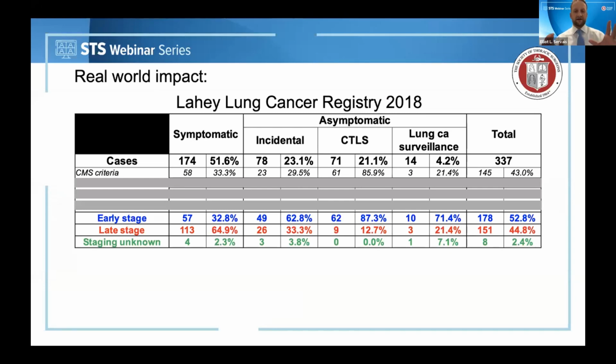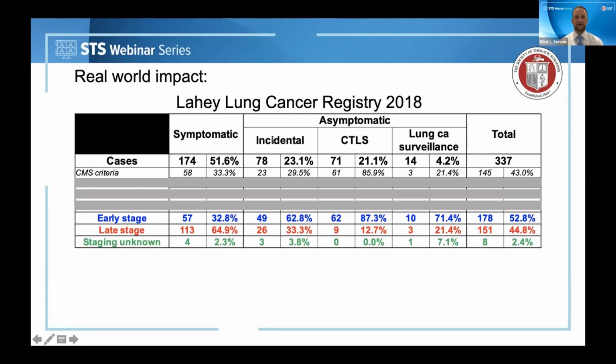This is an important chart that I'm going to walk you through. This is the lung cancer registry from our hospital, the Lahey Hospital, from 2018. The denominator here is the total number of lung cancers diagnosed in 2018, which was 337. Some of these were diagnosed through patients being symptomatic. Others were asymptomatic patients. Of course, some were found during CT lung cancer screening.